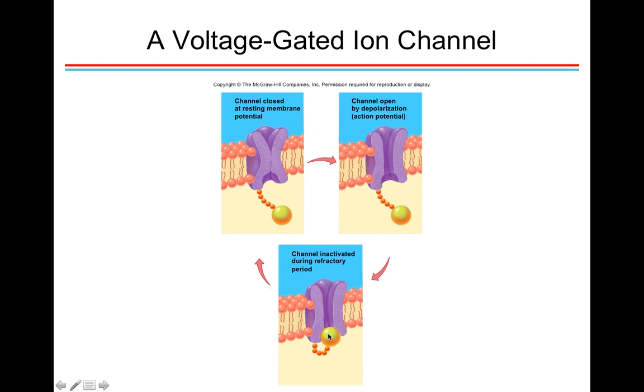So the channel is going to be stuck closed for a while, and we call this a refractory period, where no more ions can travel through. After the refractory period, the ball and chain will release and let the ion channel return to its closed state, as it is at negative 70 millivolts.